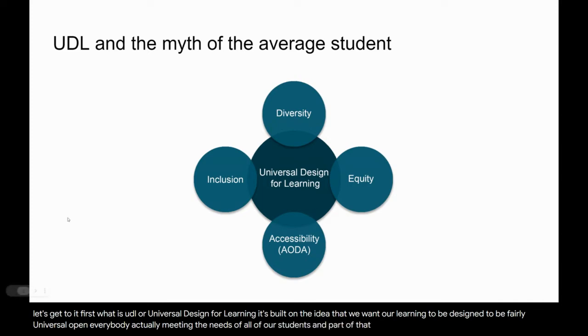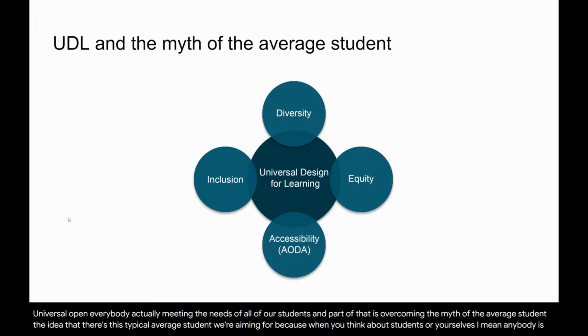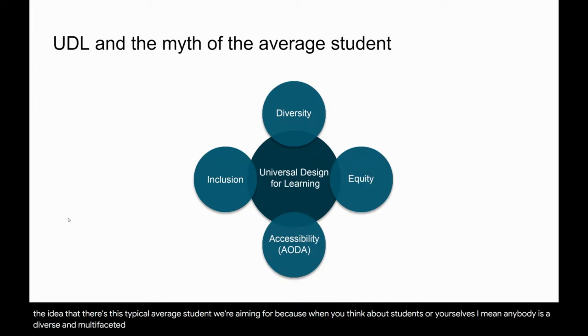And part of that is overcoming the myth of the average student. The idea that there's this typical average student we're aiming for. Because when you think about students or yourselves, anybody is a diverse and multifaceted person. You might be great at English literature and maybe not so great at music composition, or you might be great with cognitive functioning, but maybe you struggle with your reading comprehension.